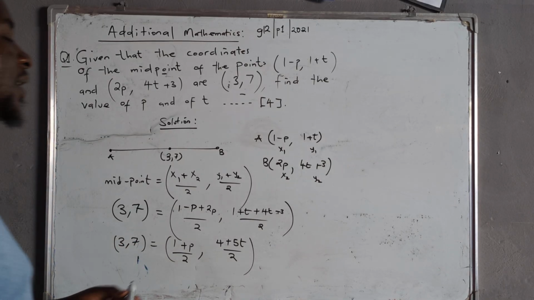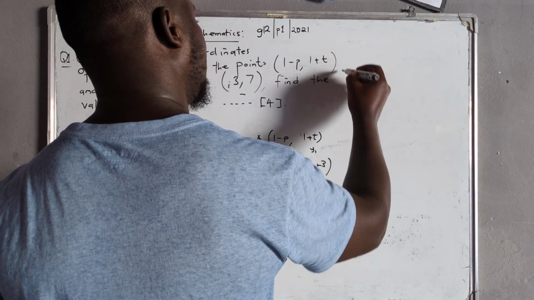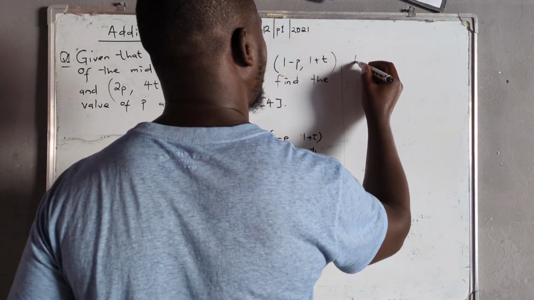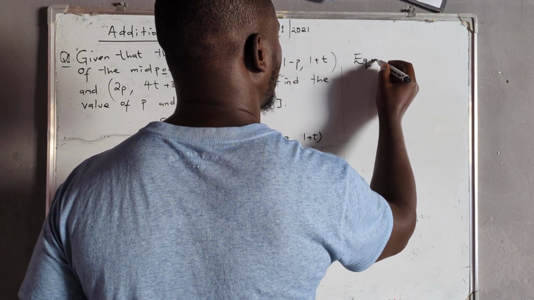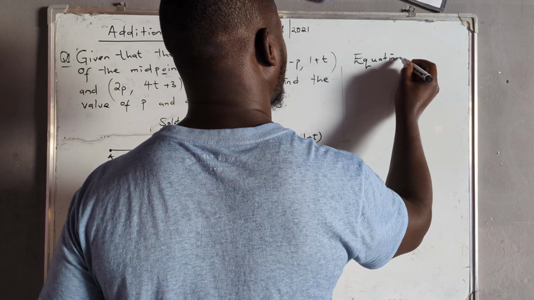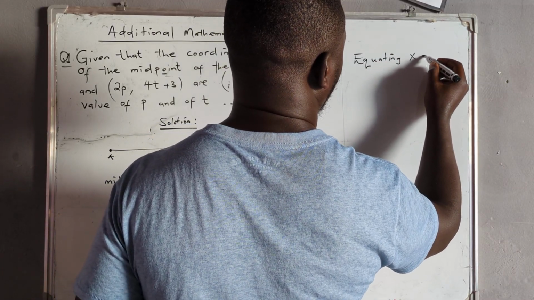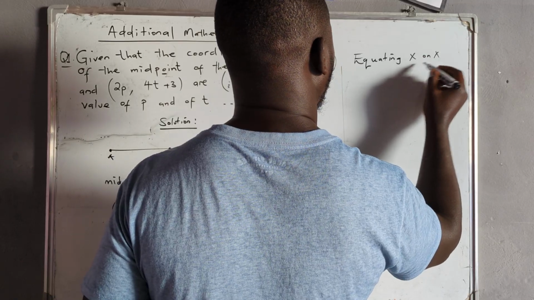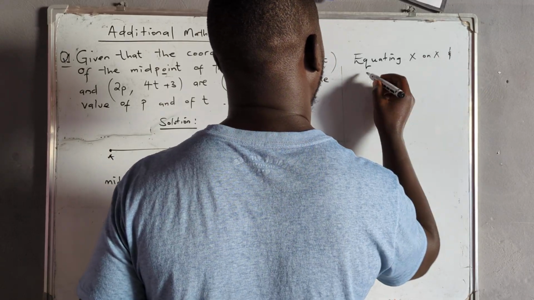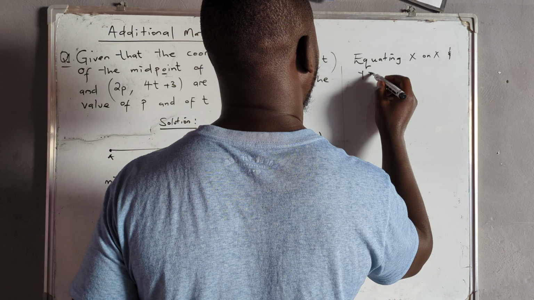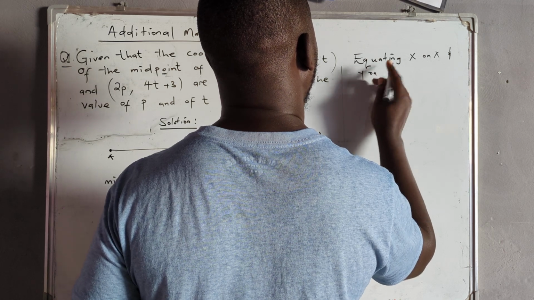So you pair up now. At this point you say equating x on x and y on y.